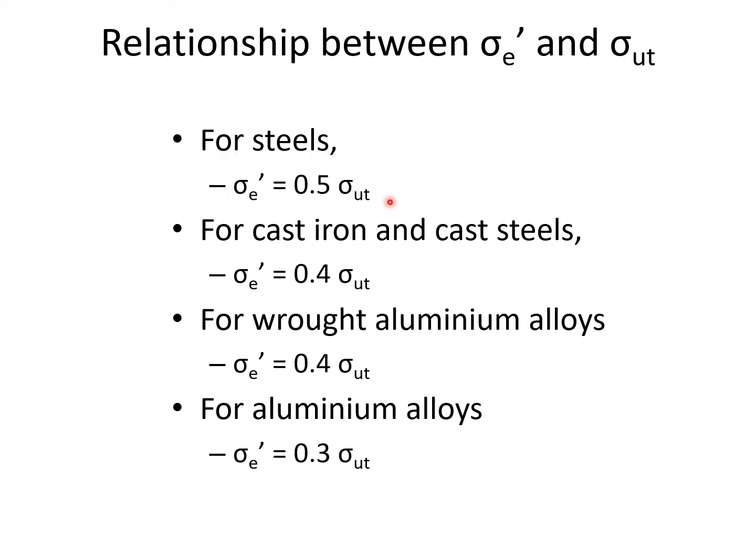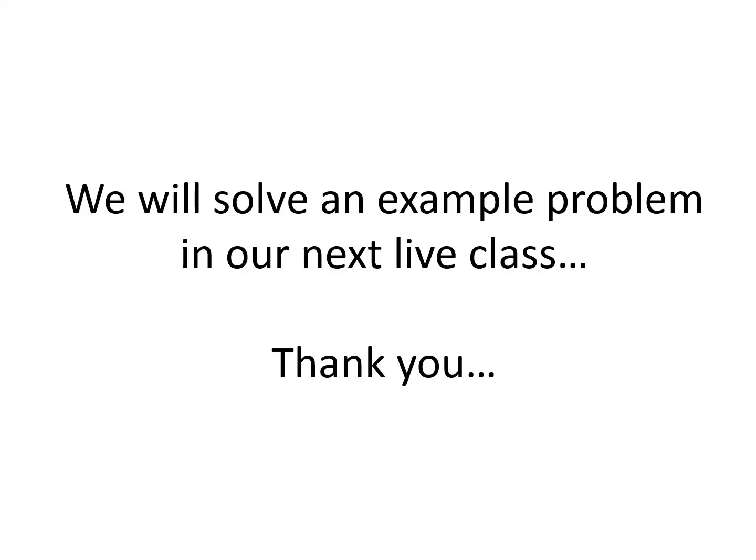A few slides before, we saw a bending testing specimen to apply cyclic loads. From various tests we found this relation between ultimate strength and the endurance limit sigma E dash. We have got such relations for various materials, and for our designing purpose we are going to use this first value only, that is sigma E dash equals 0.5 into sigma ultimate.